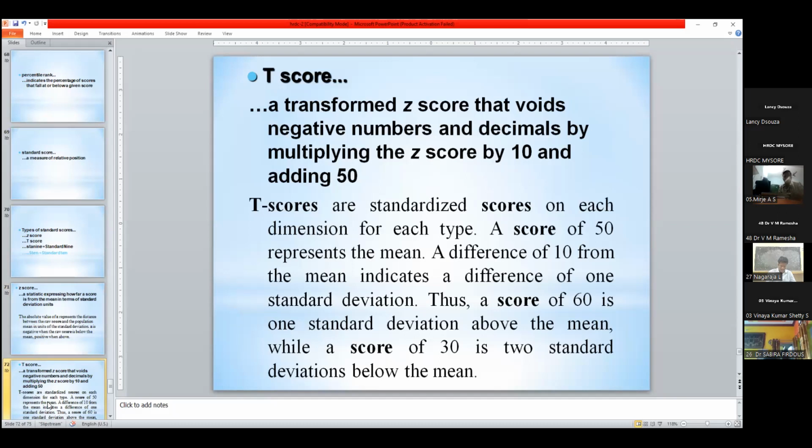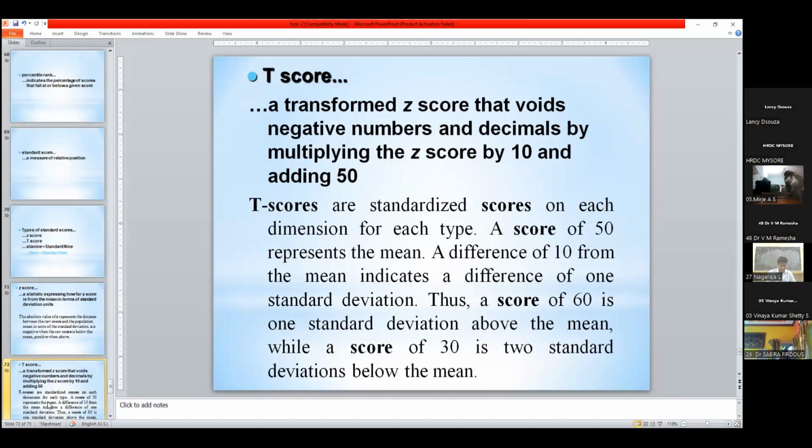Many times while preparing a questionnaire and establishing a norm, we do this procedure. The existing Z score is multiplied by 10 and then 50 is added. Now it is converted into a T score.